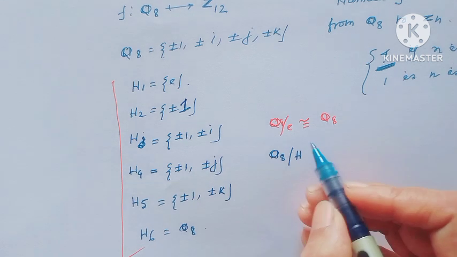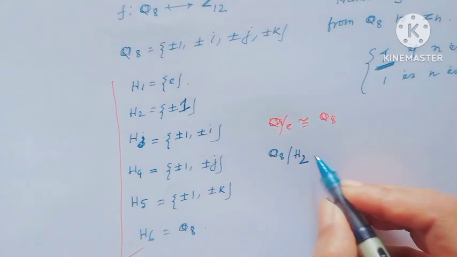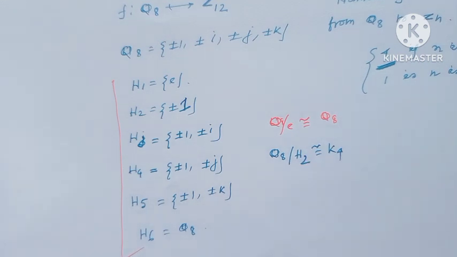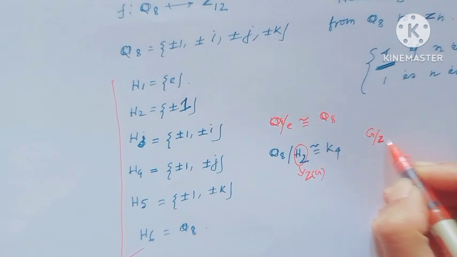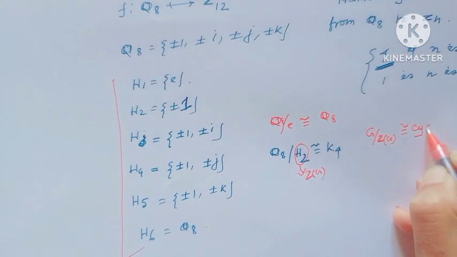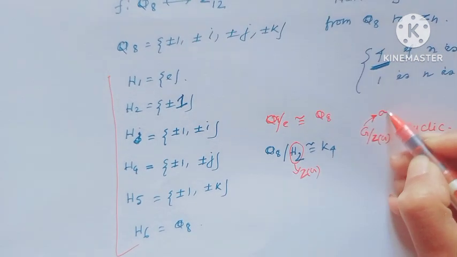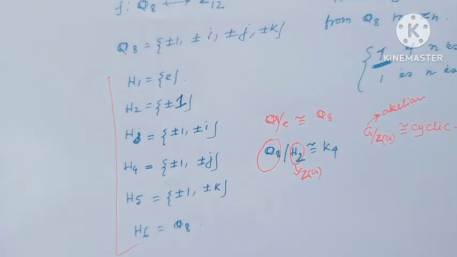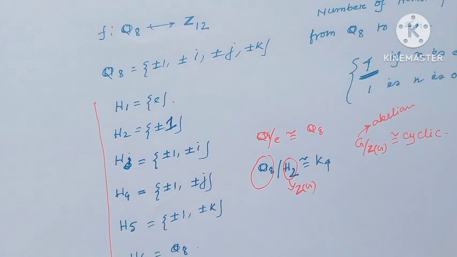So Q8 modulo H2 would be isomorphic to K4, because since H is a member of Z(G), we all know this theorem: G modulo Z(G) isomorphic to a cyclic group implies the group G is abelian. But here G means Q8, which is a non-abelian group. So Q8 modulo H2 would be isomorphic to a non-cyclic group.